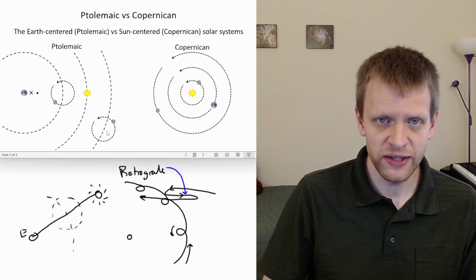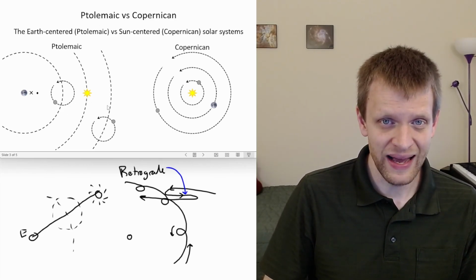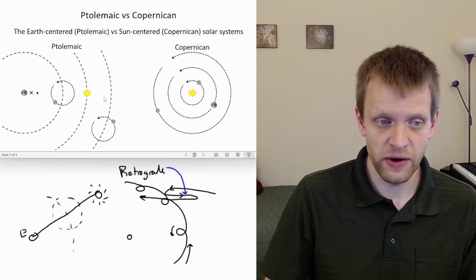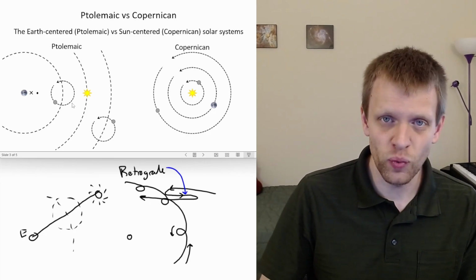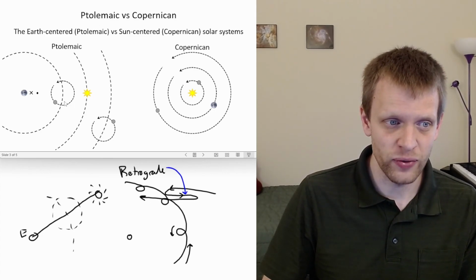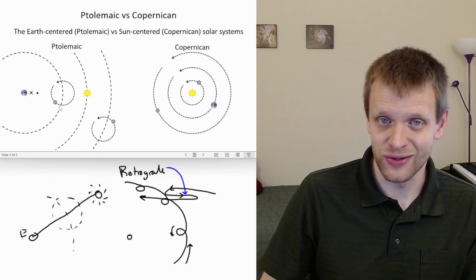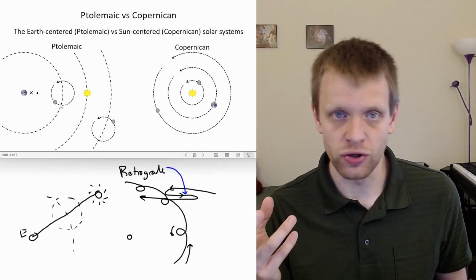All of those correction terms allowed the Ptolemaic model to make very, very accurate predictions on how these planets would move. And even when other errors were found, extra little epicycles were added to keep on adding these little correction terms.